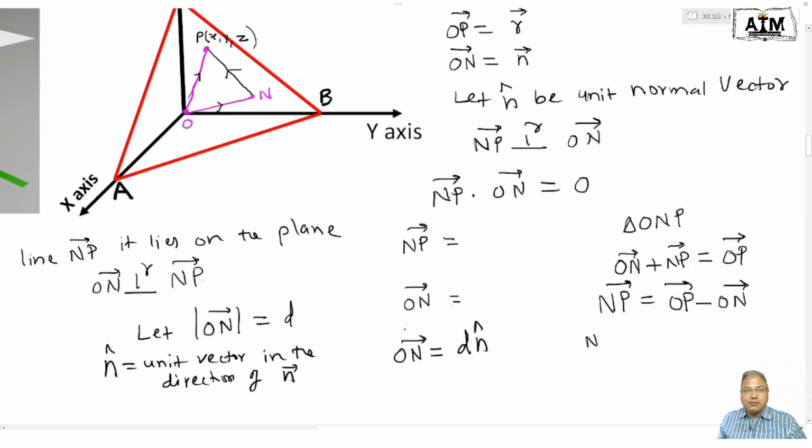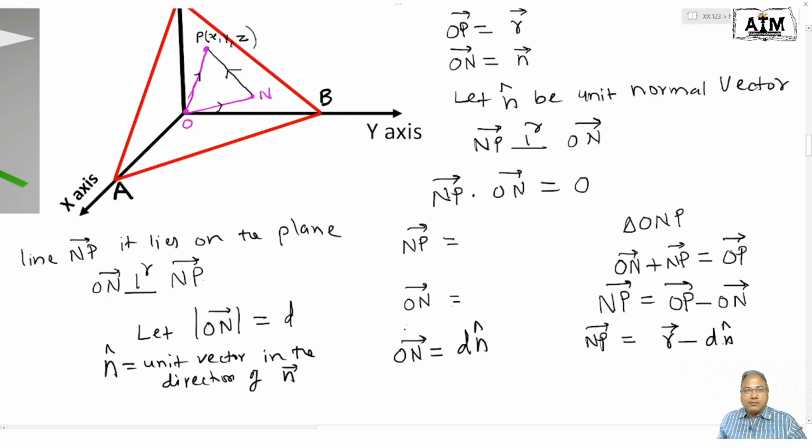Therefore, vector NP can be written as vector OP, which is already vector R, minus vector ON, which we got here as D n cap.